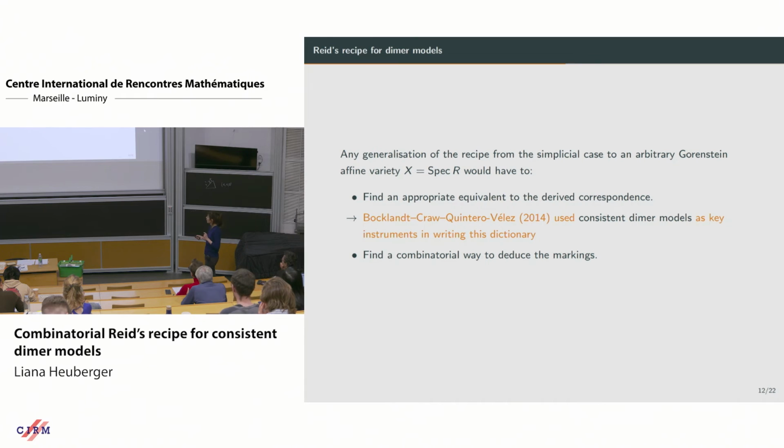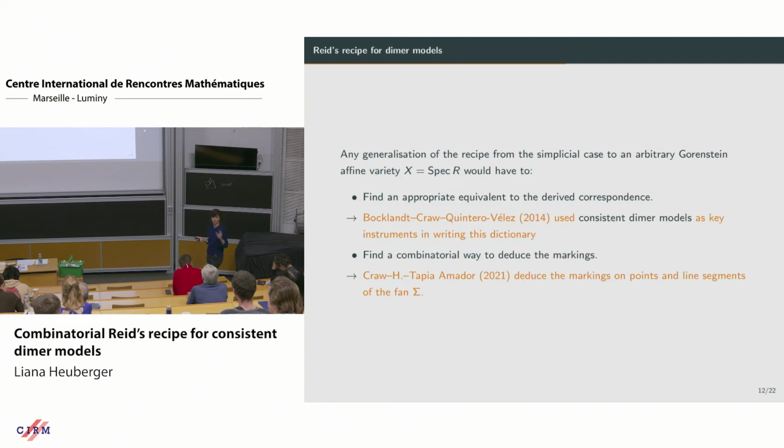The second thing is to find a combinatorial way to deduce the markings, something that's easy to implement. This is something that I did together with Alistair and Jesus in 2021. Again, we have to mark points, so compact divisors, compact exceptional divisors, and compact exceptional curves. These are line segments on whatever the fan of the resolution is.